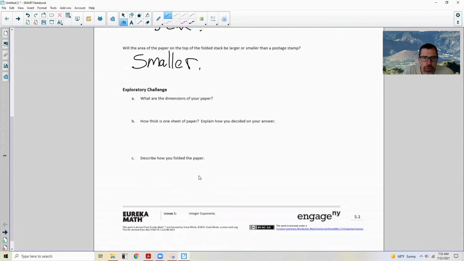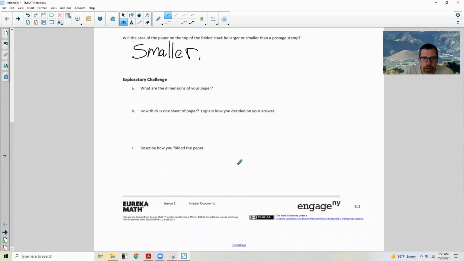Okay, so then there's an exploratory challenge. What are the dimensions of your paper? All right, I used a standard sheet of paper. It's before folding, I guess. So I would say it is 8.5 by 11 inches.